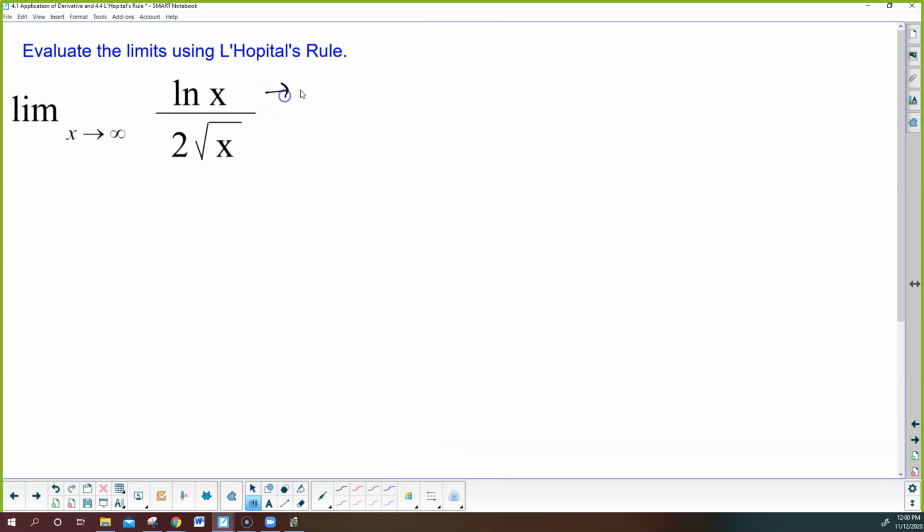What I'm going to do is check the limit of the top. So if I just plug in infinity, we know the natural log of infinity is infinity, right? So there's the top. And then on the bottom, I've got 2 times the square root of x.